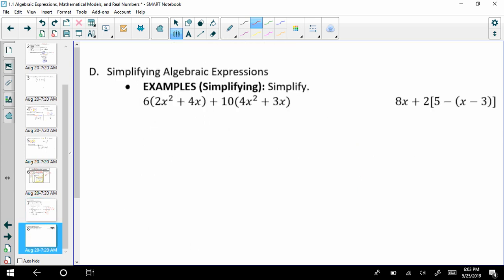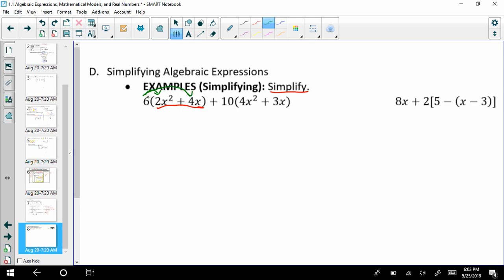All right, the final objective here is to just practice simplifying expressions. So if we're simplifying, chances are good we won't have a numerical answer. We're still going to have some variables left. So if I simplify, notice inside the parentheses, I cannot combine those because one of them is x squared and one of them is just an x. But we can distribute.